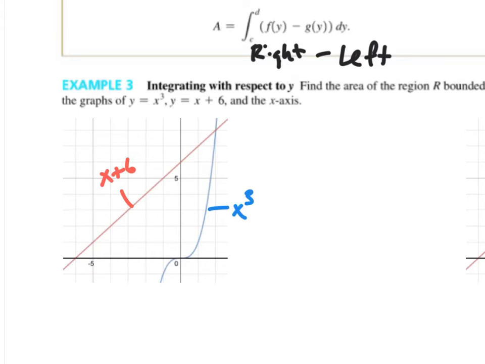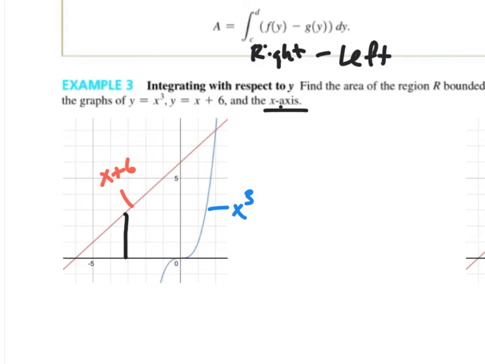What I want to do first is draw my slice. I'm going to do this with respect to x. But if I do that, I notice that if I draw a slice from the top function to my x-axis, the x-axis is the other one. So we're bounded by these three different graphs: the x-axis, this line, and then this curve.